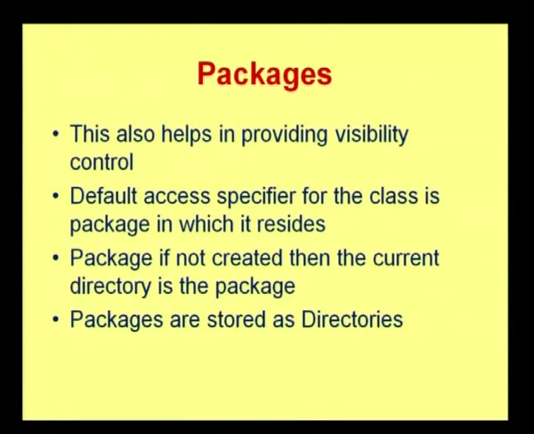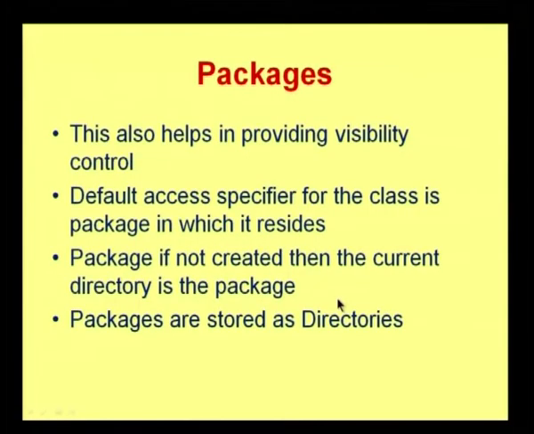Next, the default access specifier for the class is the package in which it resides. If you have not specified any package, it means that this particular class is under a package of the directory name. The directory name is taken as the package.